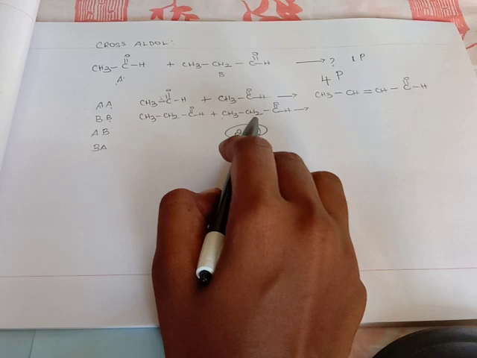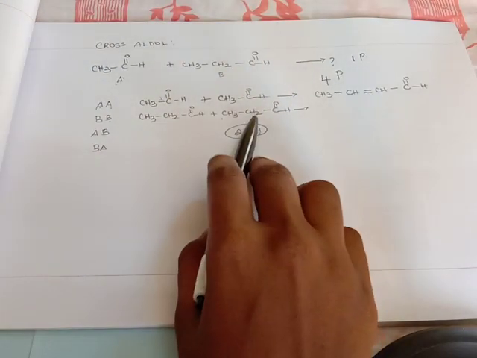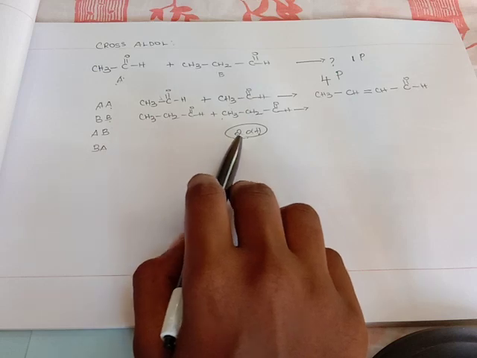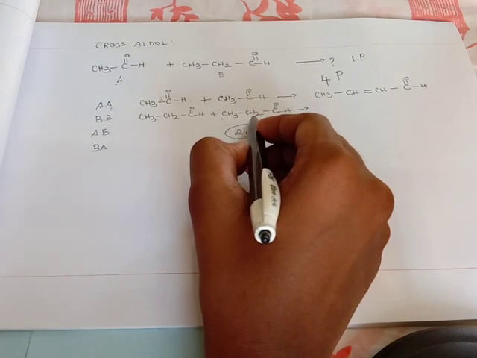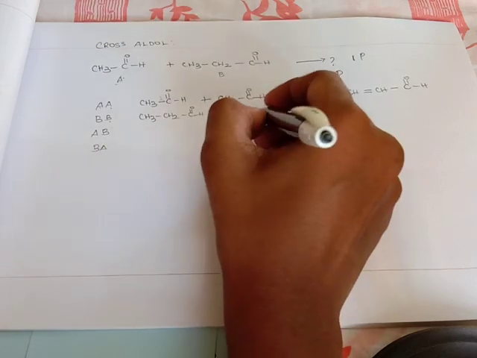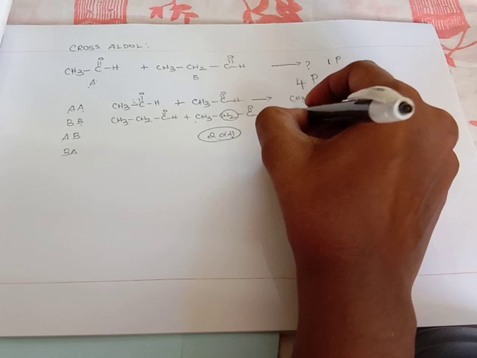Which is called the alpha carbon? The one next to the functional group is called the alpha carbon. So this is your alpha carbon, so we have to remove 2 hydrogens from the alpha carbon. I hope you understand. Now let's see the product.